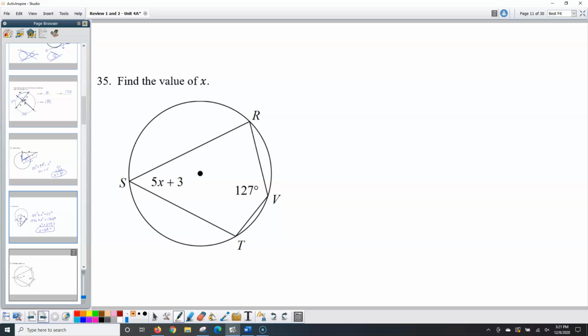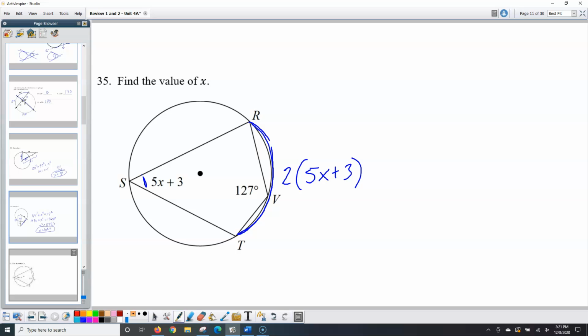All right. I'm noticing both of these are inscribed angles. I know that this 5x plus 3 right here opens up to this part, so that part is 2 times 5x plus 3. If you want to go ahead and call it 10x plus 6, you can.